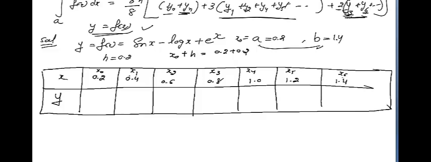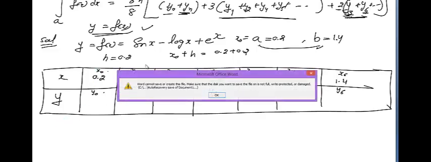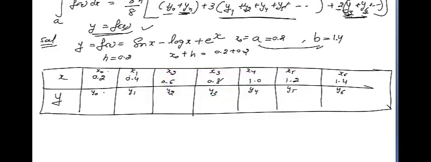Now you have to calculate the corresponding values of y. Corresponding to x naught it will be y naught, then y1, y2, y3, y4, y5, y6.